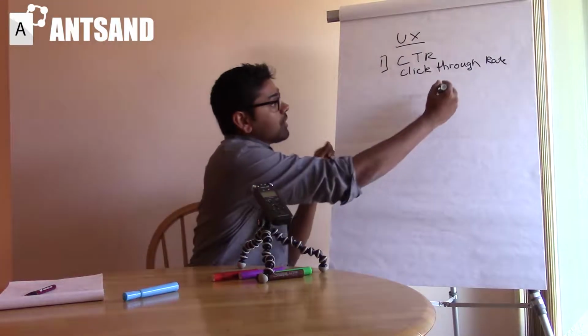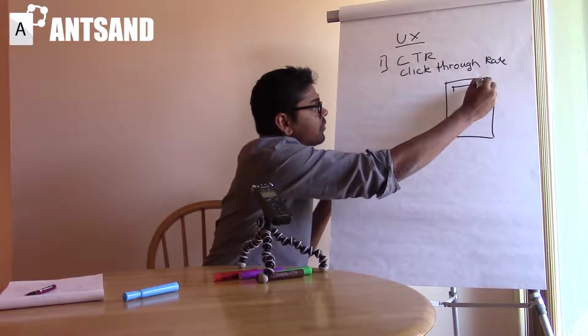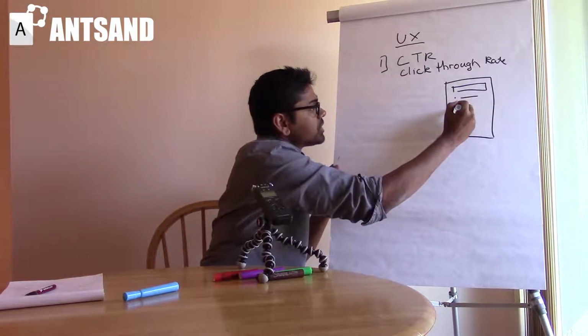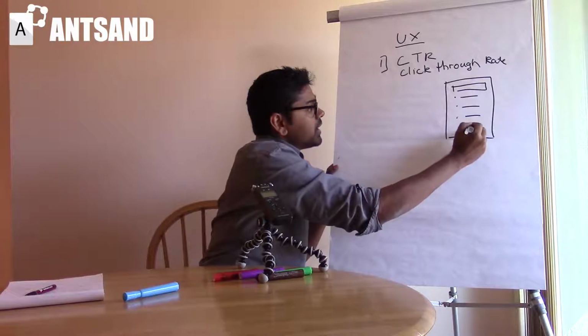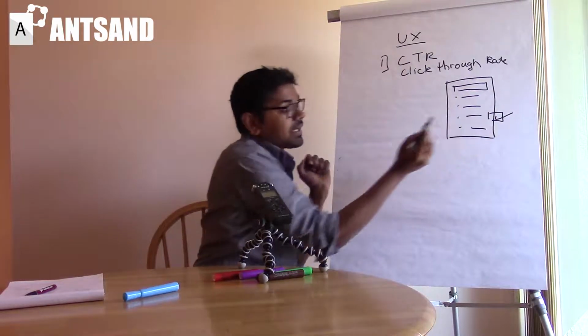On a search engine, you might have multiple results for the keyword you were searching for, and your website might be one of those results. The click-through rate is basically the chance that someone is going to click your website.